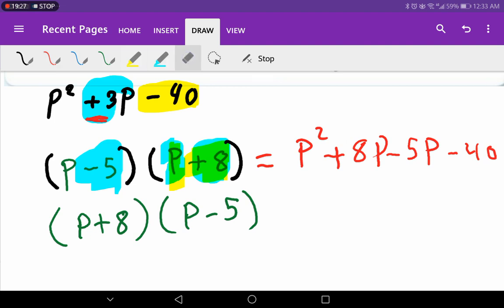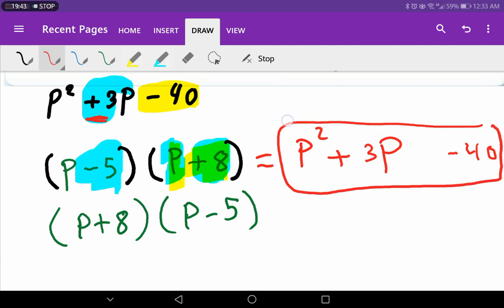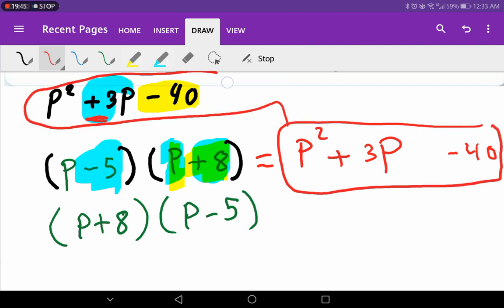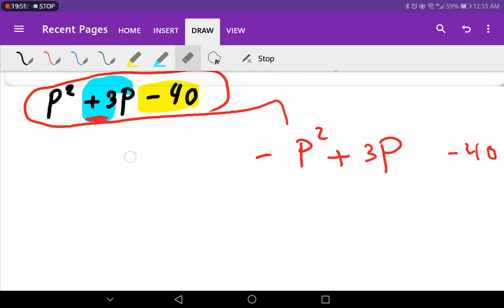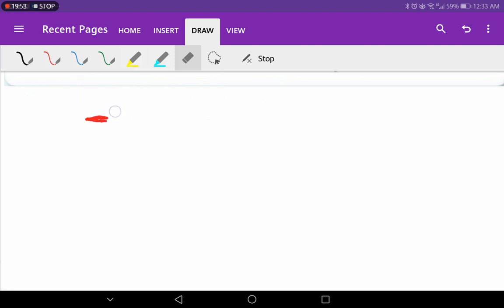If you combine 8P and negative 5P, you will get positive 3P. You see, it is the same, this and this. So our solution is correct. Are you happy with that?